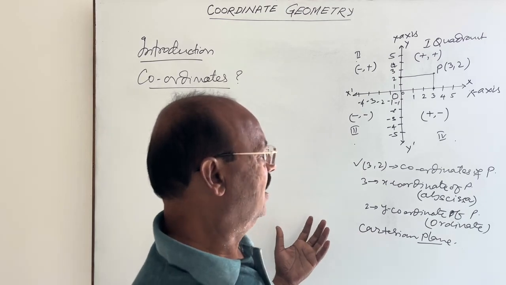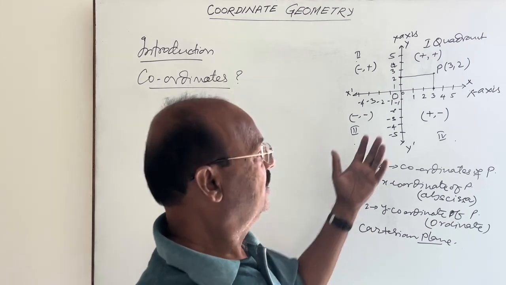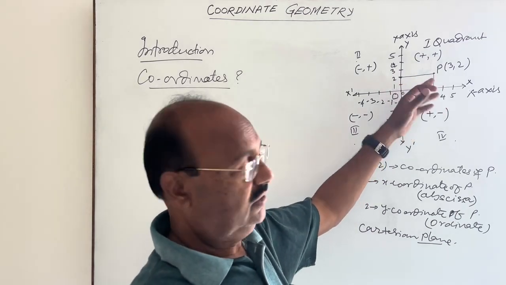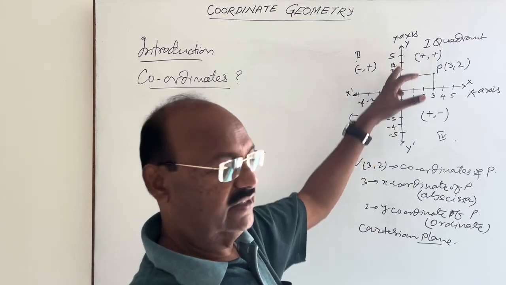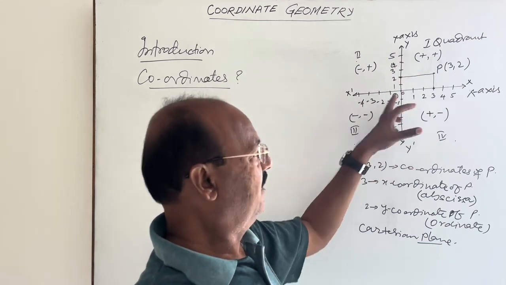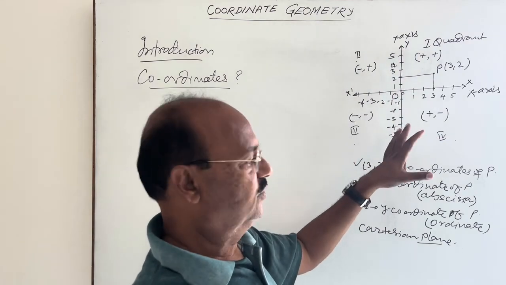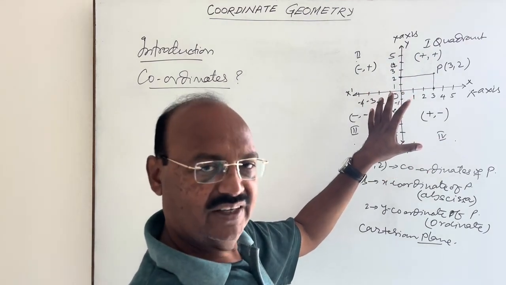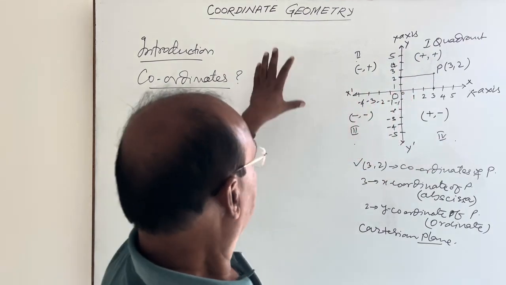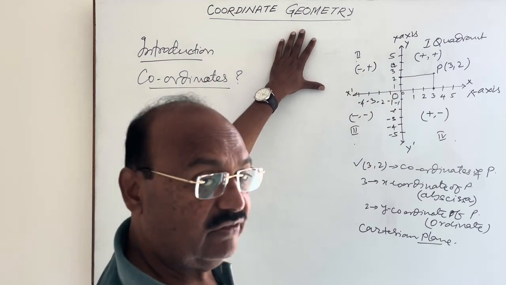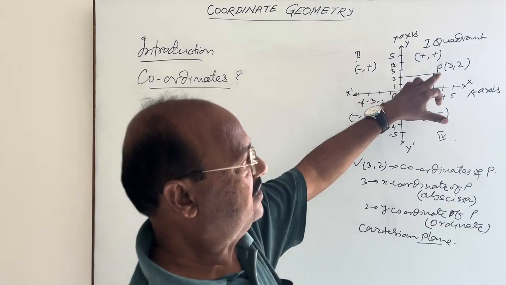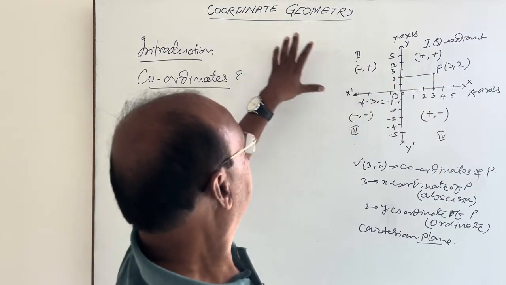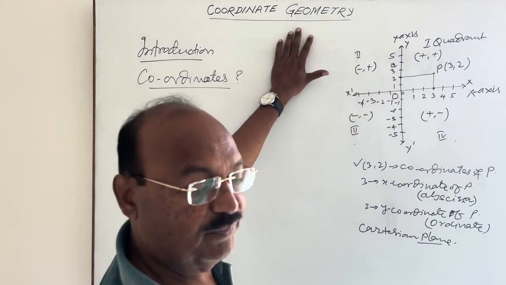Coordinates are used to locate a point on a given plane with the help of the axis system of x and y axis. So very simple, correct? The geometry wherein we study with the help of coordinates of a point is known as coordinate geometry.